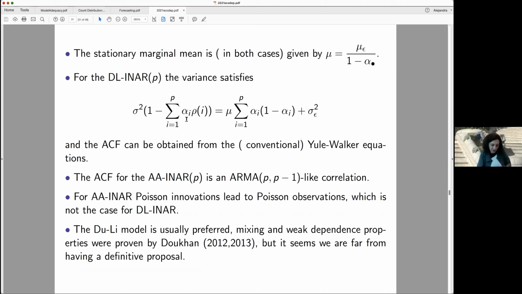So that's why the ACF is kind of complicated. But it can be done, though the marginal distribution is kind of ugly to compute. In any case, estimation can be done.